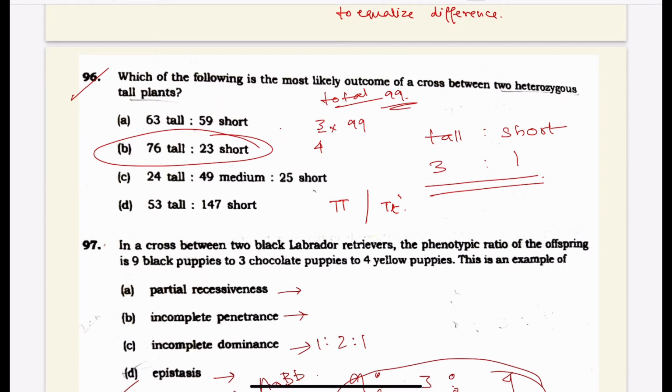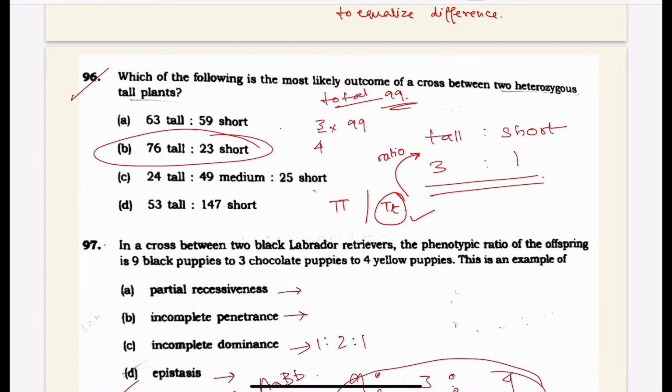Since they are tall heterozygous, that means a capital T and a small t, which gives a tall phenotype because tall is dominant. They have given us some numbers, so we have to tell them.